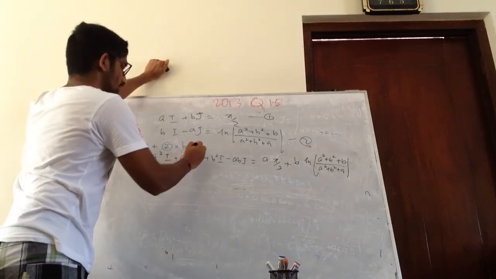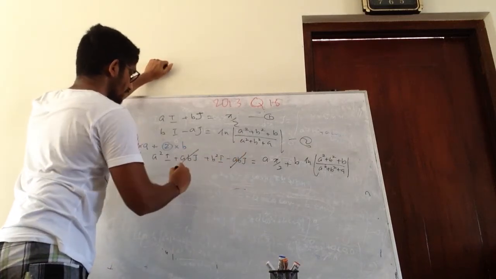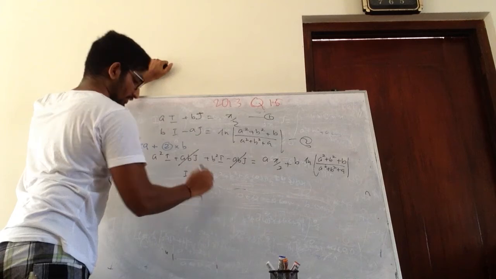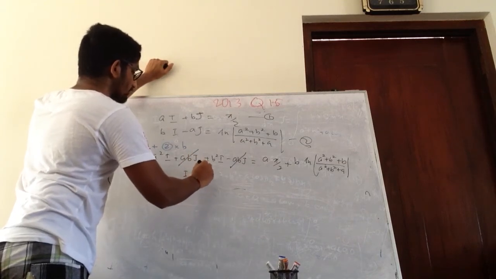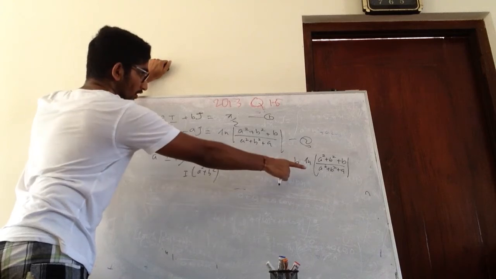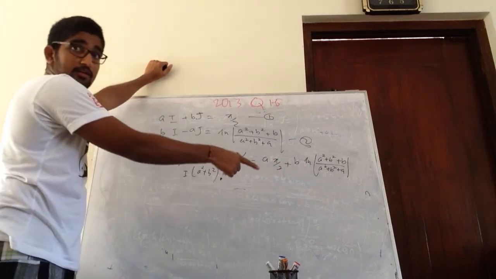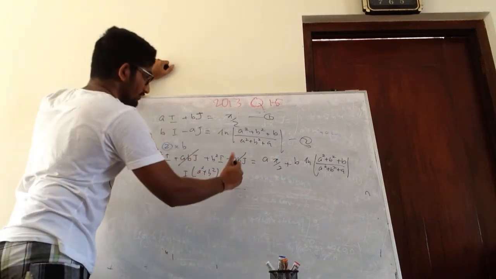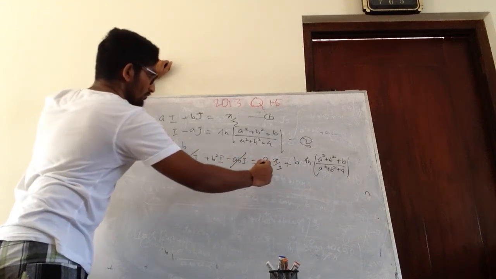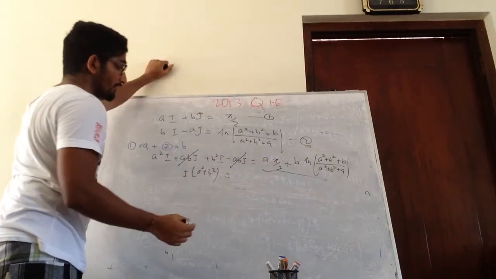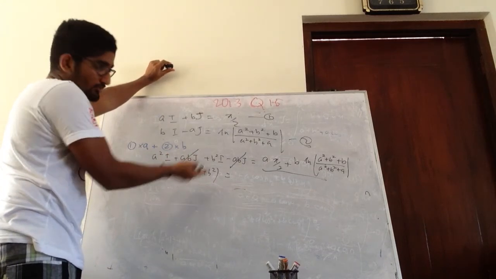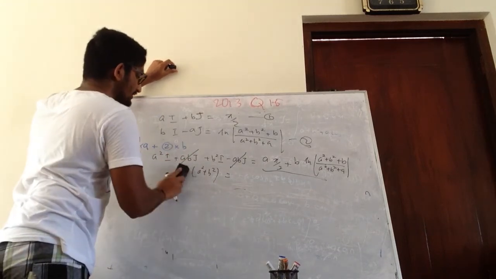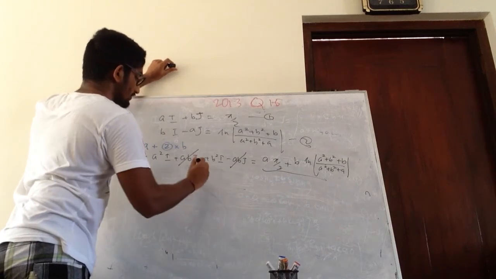So you will get I times a squared plus b squared equal to this whole part. What I need is I, so I am going to divide and straight away write the answer.